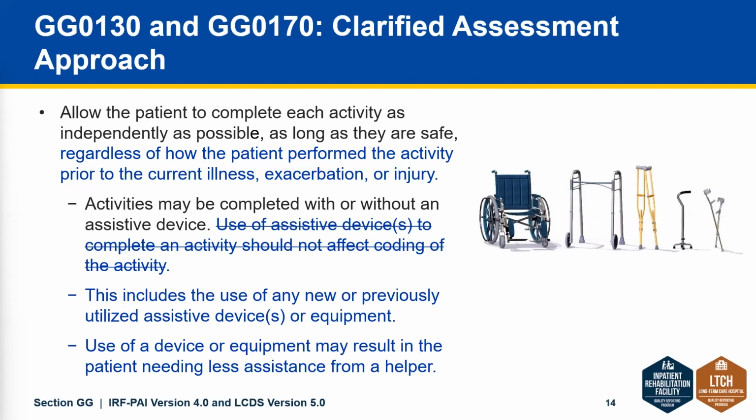But this makes sense since the guidance instructs that the patient be allowed to complete each activity as independently as possible. So for instance, if we provide the patient with a walker, and that allows the patient to ambulate without the assistance of a helper, and this also represents them performing the activity as independently as possible, then we select the code based on how they ambulate with the walker.